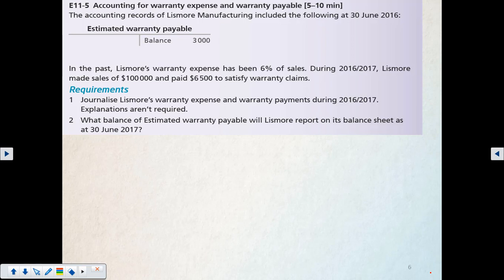Simple. Can you give me the amount? 500. Anything else? What will be the balance of warranty payable reported on its balance sheet?